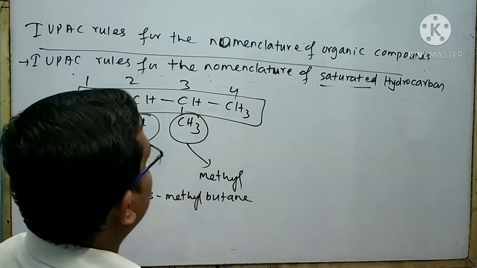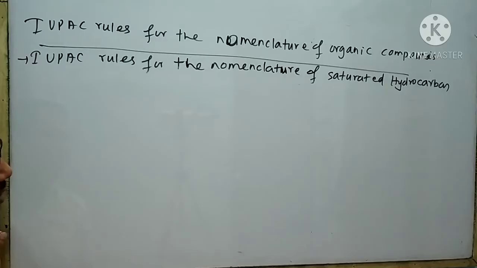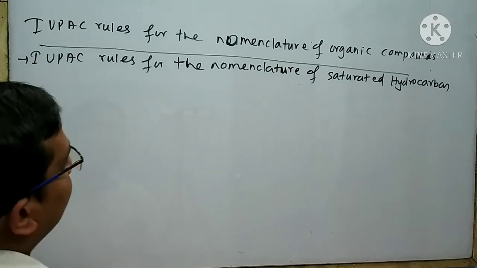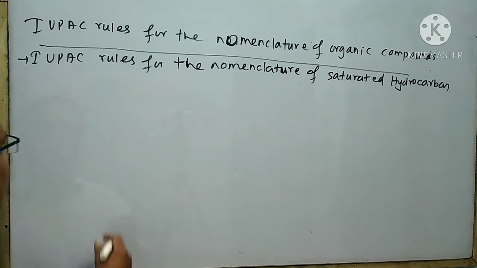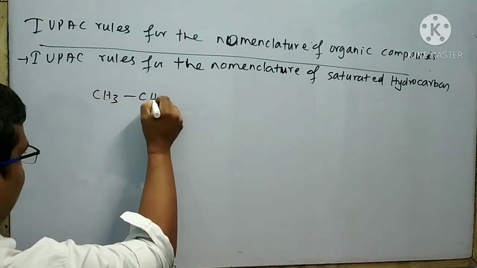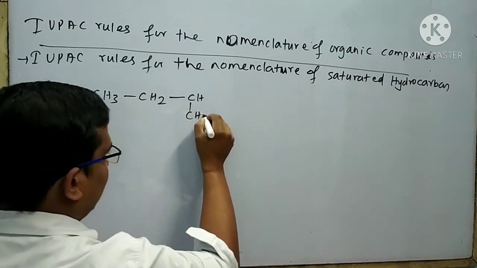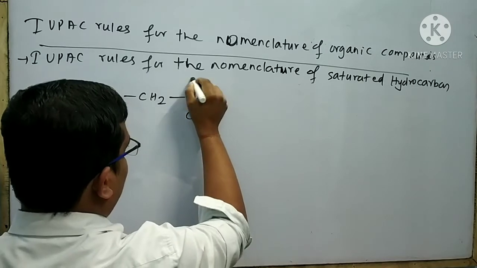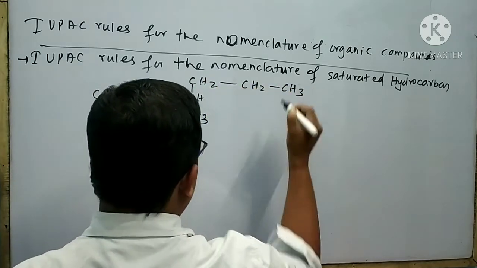These are some rules for the nomenclature of saturated hydrocarbons. Now I will do some examples related to the nomenclature of saturated hydrocarbons. Suppose we take an example: CH3-CH2-CH(CH3)-CH2-CH2-CH3.